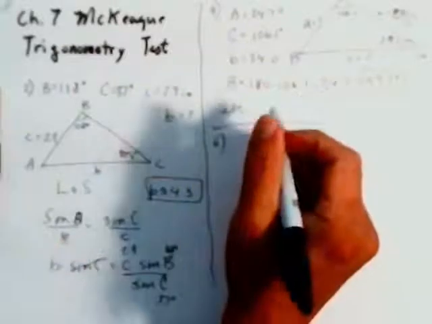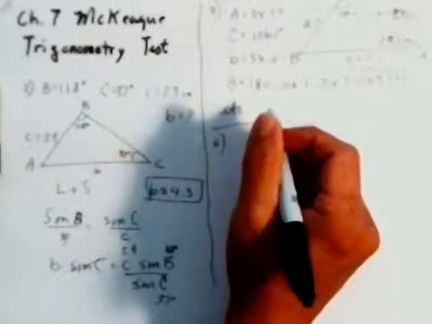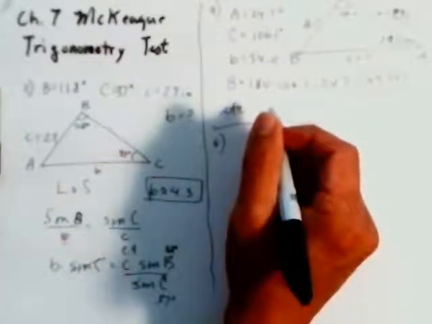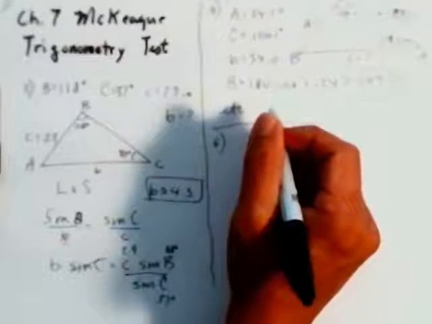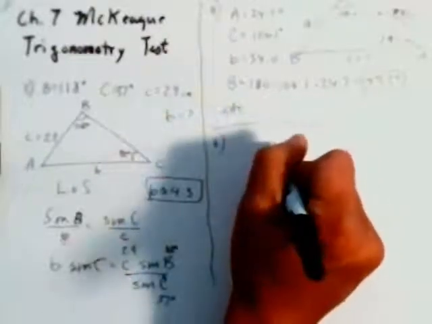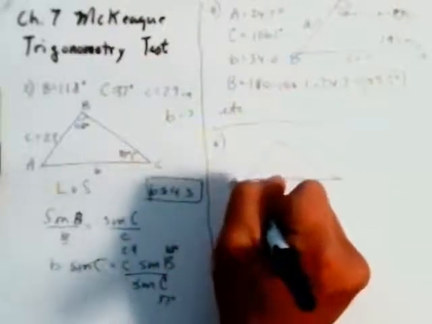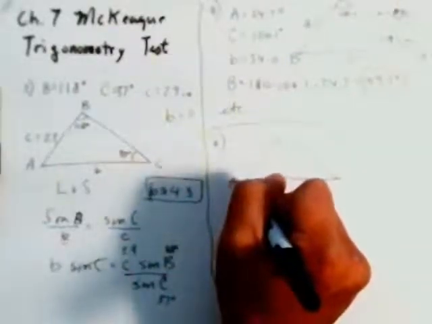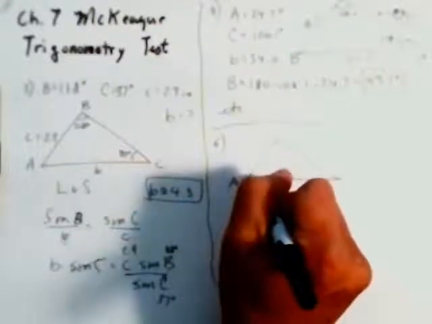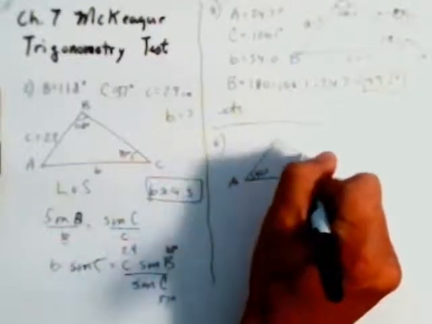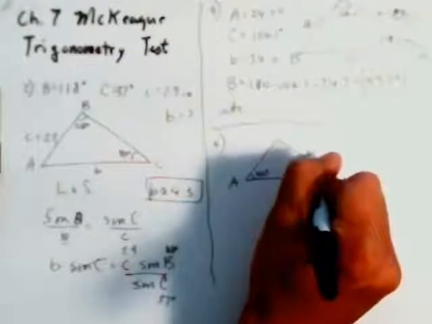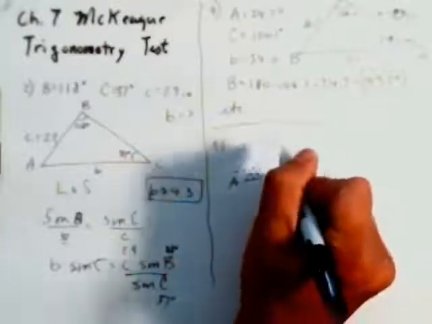Number 6, use the law of sines to show that there is exactly one triangle for which A is 42 degrees, little a is 29 inches, and little b is 21. So we're going to draw this triangle out again. I want to label this angle A, which is 42 degrees, and little a is going to be 29, and little b is going to be 21.